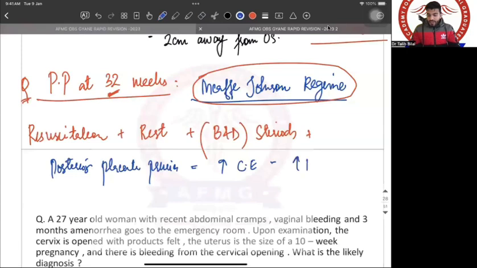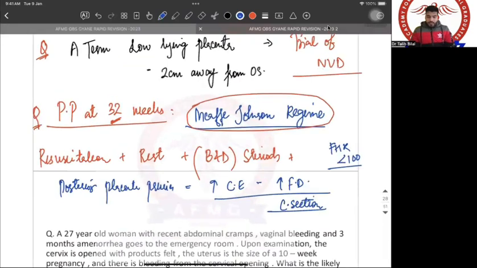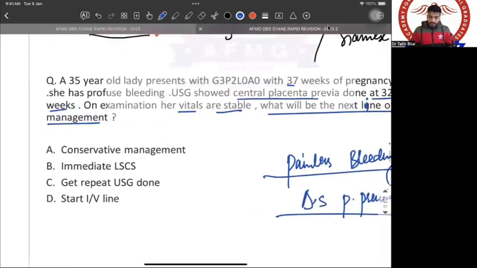That means increased chances of fetal distress. If asked the best treatment, then it will be again cesarean section. And whenever you see fetal distress or fetal heart rate less than 100, you will go with the cesarean section. Is that okay?